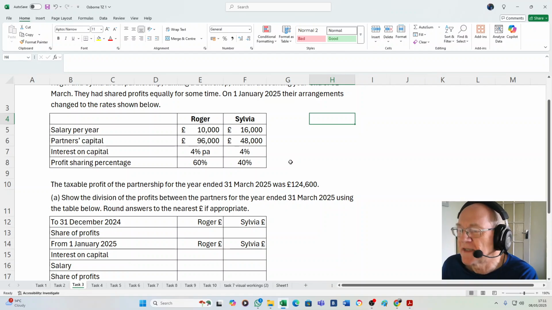Anyway, so taxable profit of the partnership, 31st of March 2025, is 124,600. So again, we've got to play with our months. Maybe bring out our lines. Well, it's a whole year anyway, so it's a whole financial year, so we don't have to worry about calendar years.